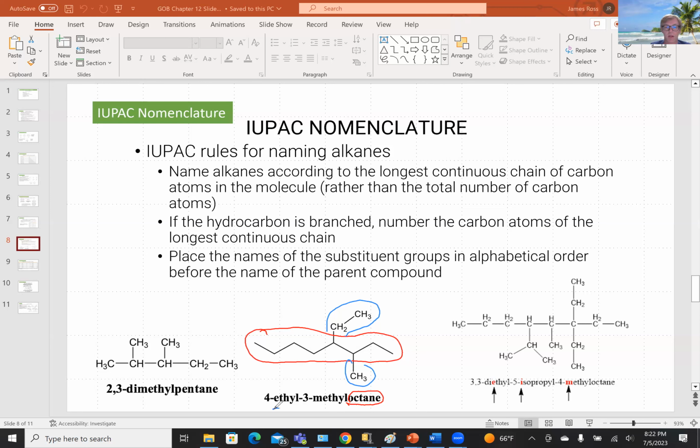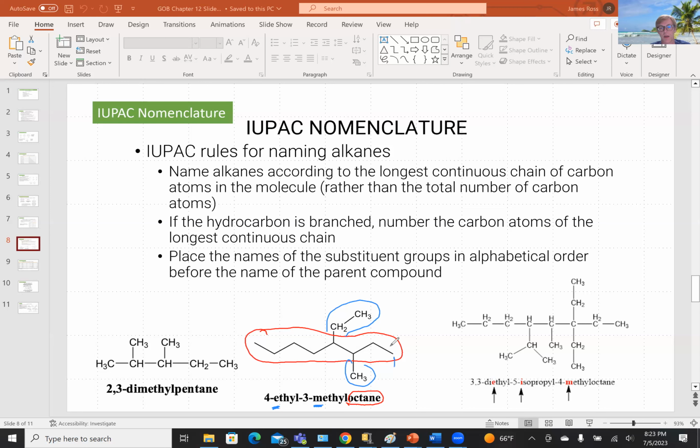So E for ethyl is read first, so it's on the left of M for methyl, because E comes before M in the alphabet. Again, I want to prioritize the lowest numbers possible. So clearly the closest to the right side. So I would number it right to left.